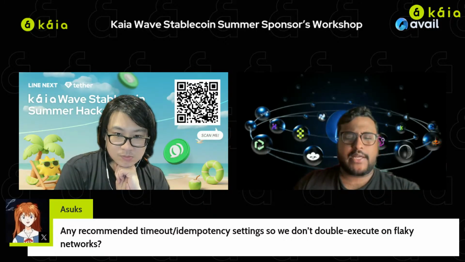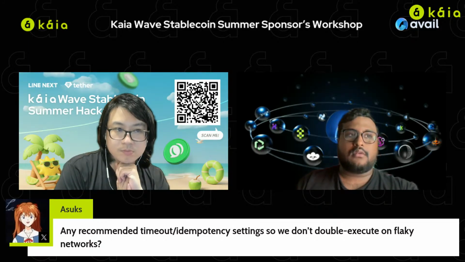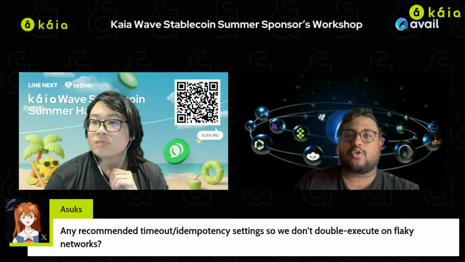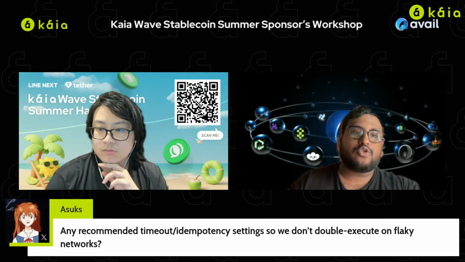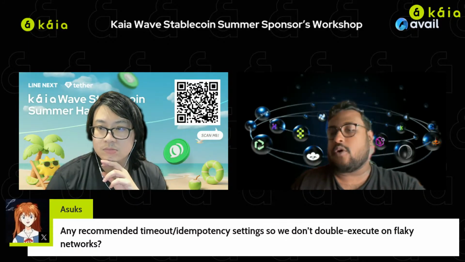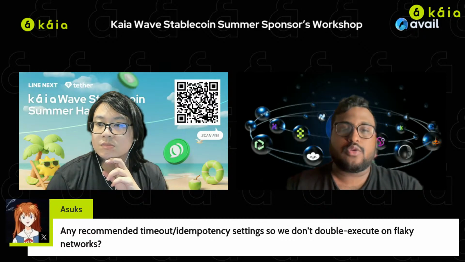But usually it doesn't take that long. The maximum I've seen is 40 seconds. The average case is 10 to 20 seconds for slower networks, and the fastest is within 2 or 3 seconds. So ideally, you wait for the SDK to return with an error, and then you try the retry.